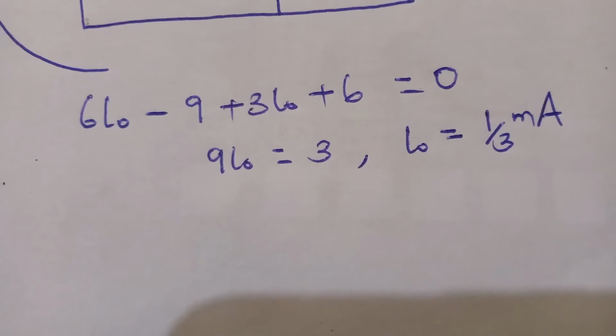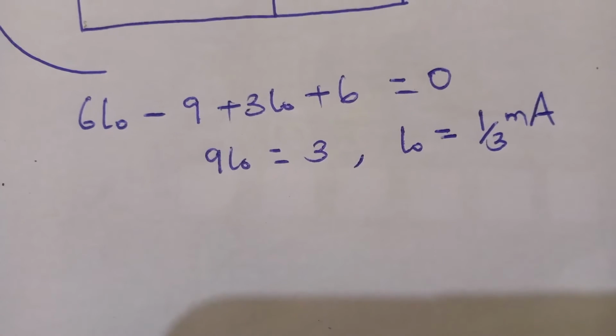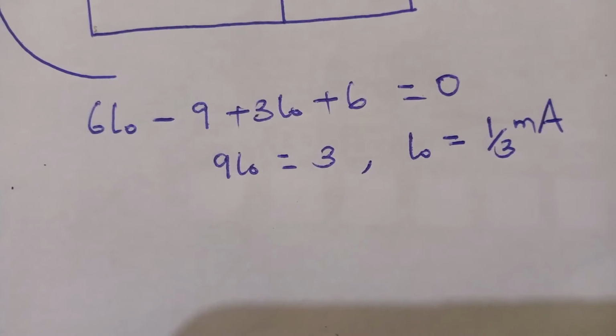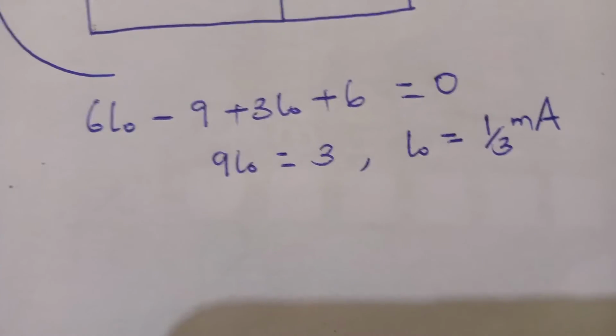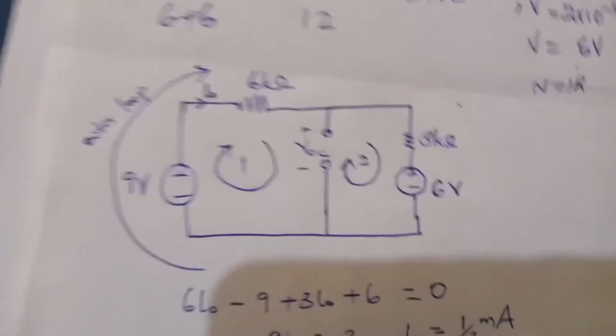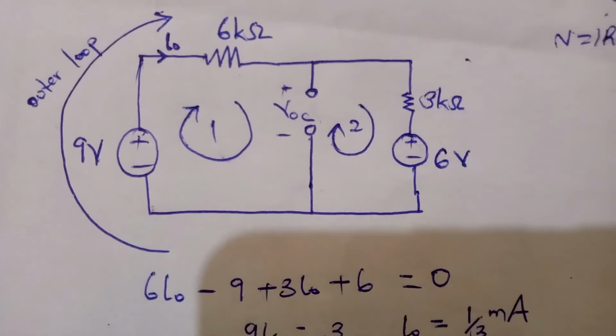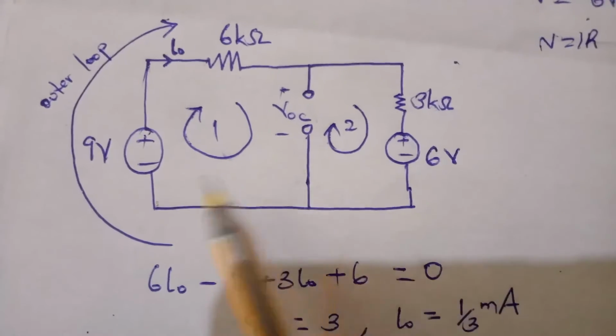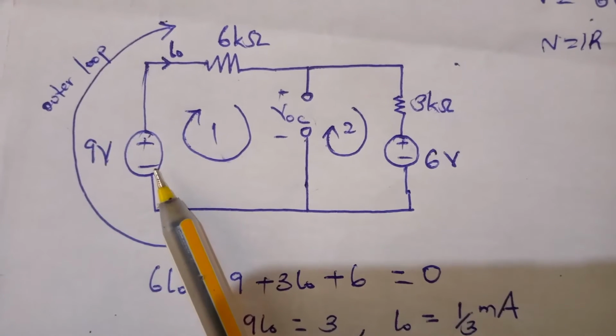Now, the next step is to take an inner loop. Let us consider loop 1. Considering loop 1, it gives us negative 9 because the current is flowing through the negative terminal of the voltage source.